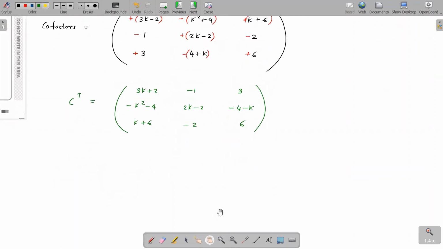And then now the last step is to get the inverse matrix. Inverse matrix is 1 over det M into the matrix of cofactors, isn't it?